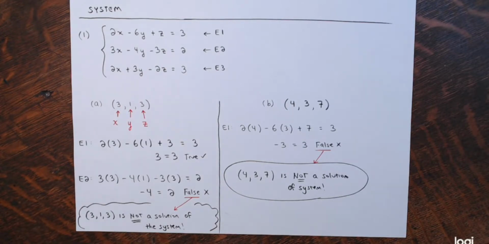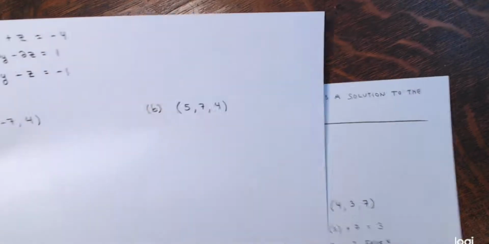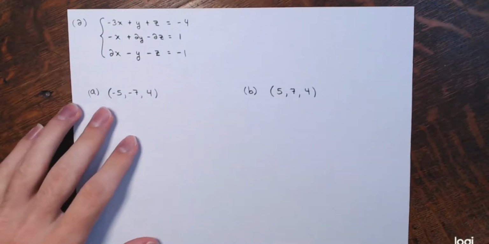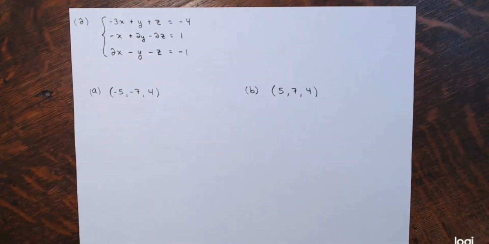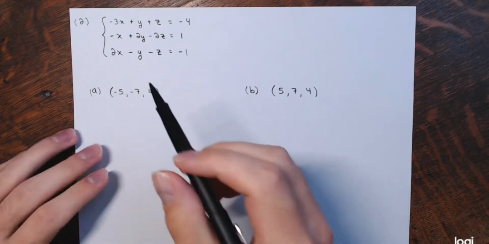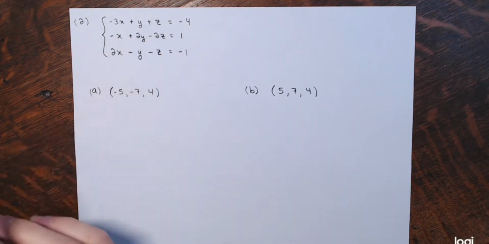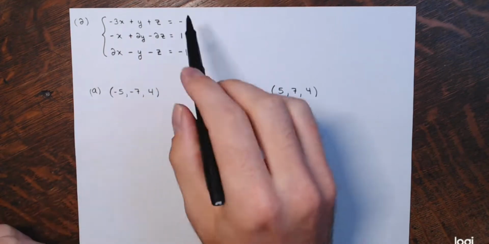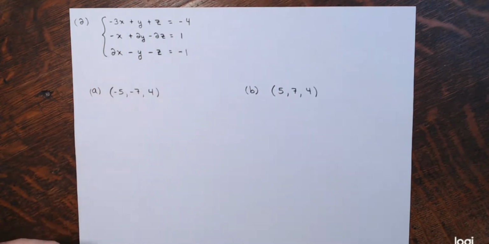We're checking for solutions. Alright, example 2, which is exercise 163. Same thing. I'm given 3 equations. In this system of equations are 3 variables, x, y, and z.